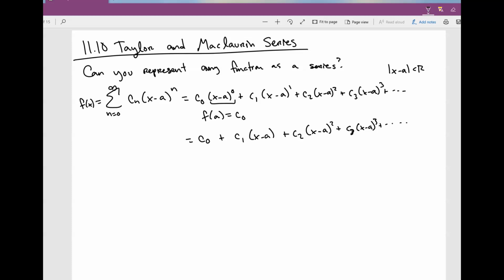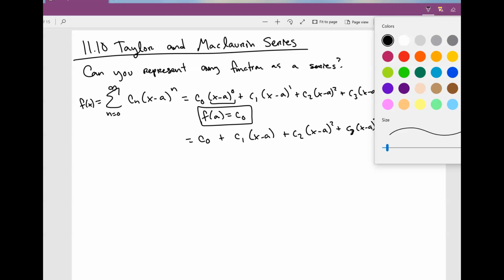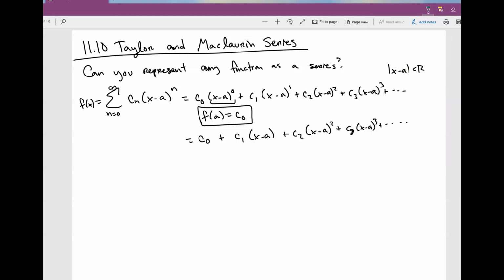If I were to plug in a, all of these guys are going to cancel out, and I'm left with c0. So f of a is equal to c0. Now I'm going to try to figure out what all of these coefficients are. So I already know what c0 is. c0 is going to be f of a, plugging in a.